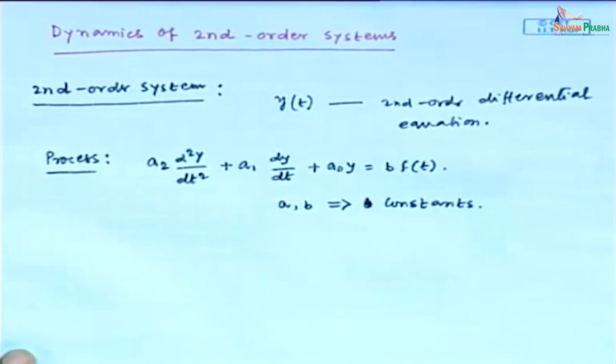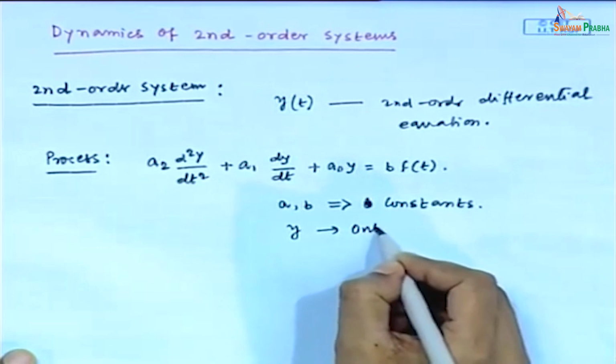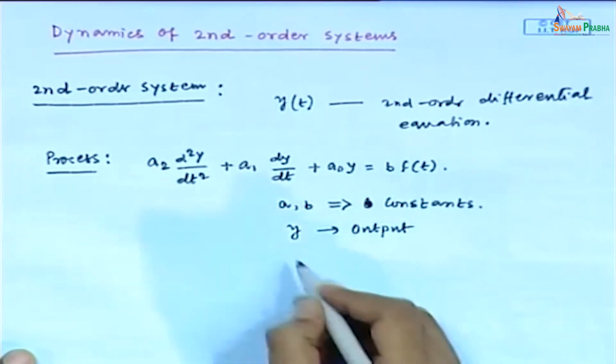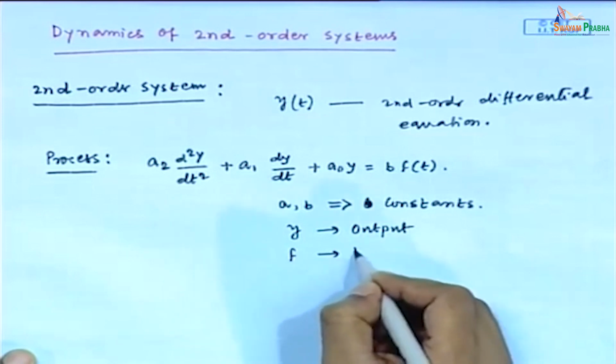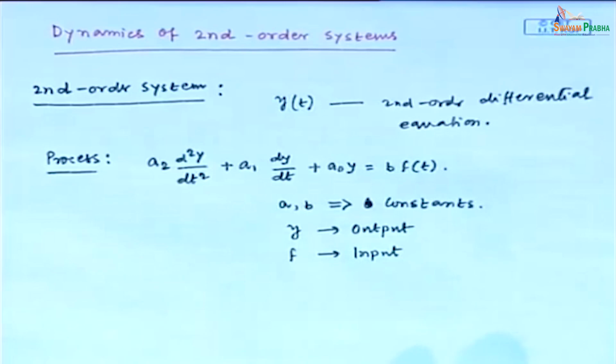Y is the output of the process, f is the input to the process.